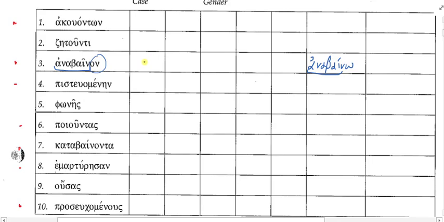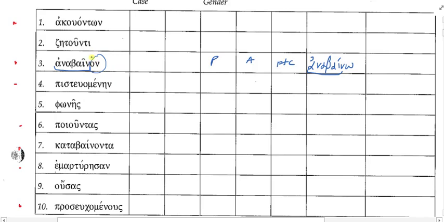Think of your luo forms in the present active indicative. Luo, lueis, luei, luomen, luete, luousi. None of those forms occur here, okay? Because even though this is a present active form, it's not an indicative. This is one of our participle forms, okay?